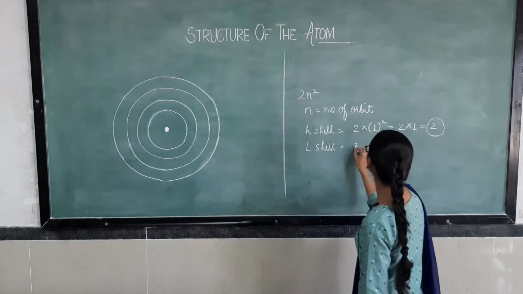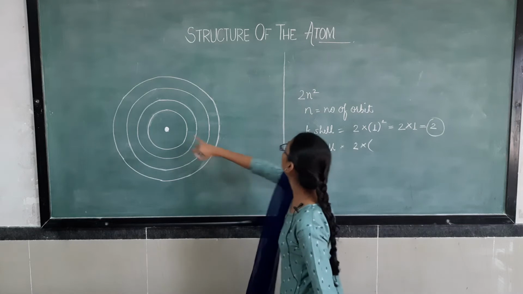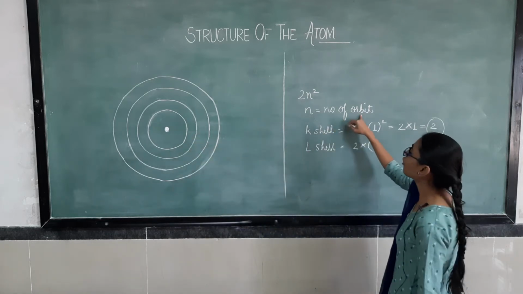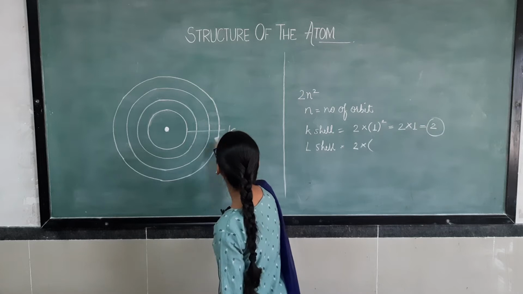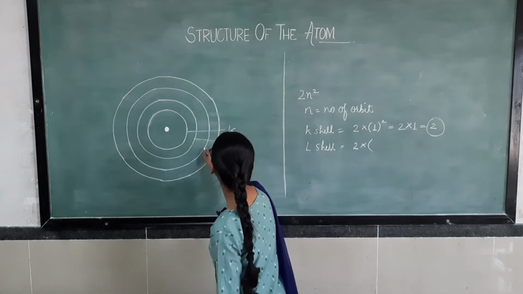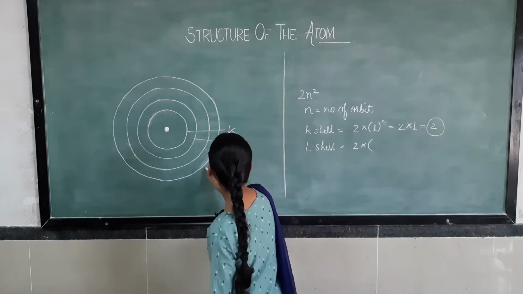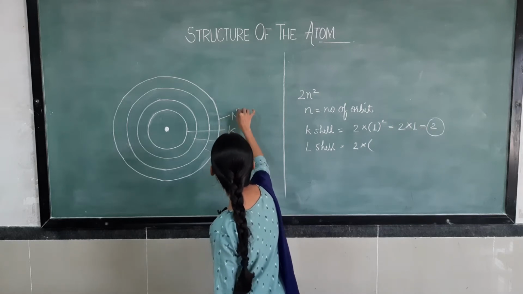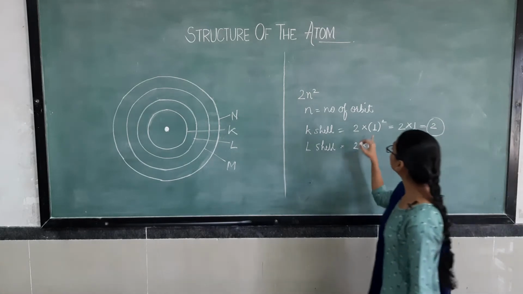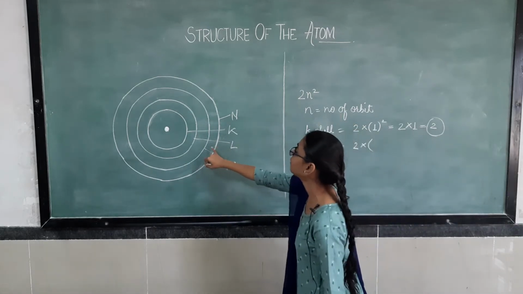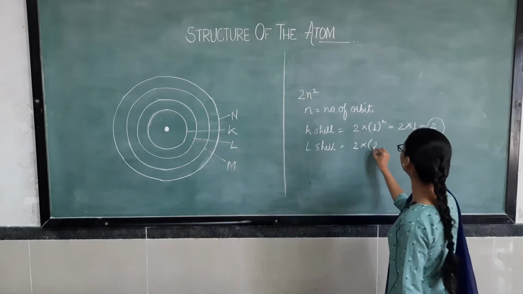Now see for the L shell. For L, the number of the orbit n will be 2.